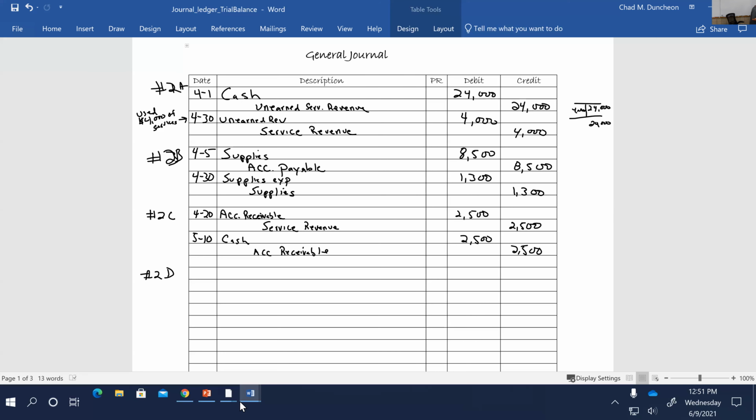Now for 2D, on April 30th, we paid wages of 3,400. An additional 850 was still owed to employees for work done in April.